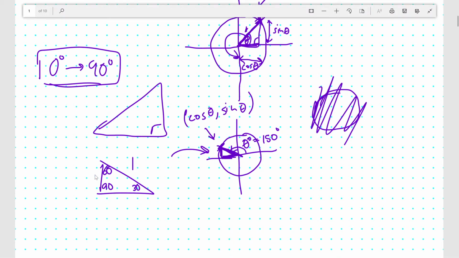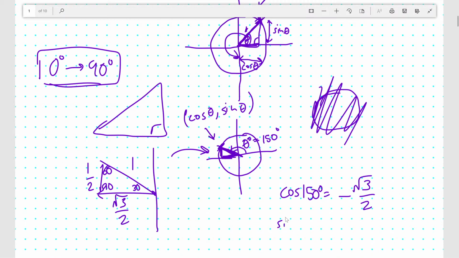And we know this side here is 1, this side here is half, and this side here is root 3 over 2. So since the x-coordinate is root 3 over 2 on the left-hand side of the origin, we know, for example, that cosine 150 is equal to negative root 3 over 2, or that sine 150 is equal to 1 over 2.